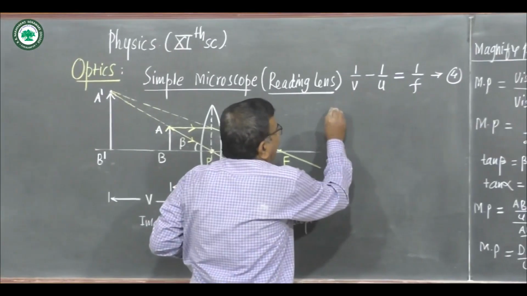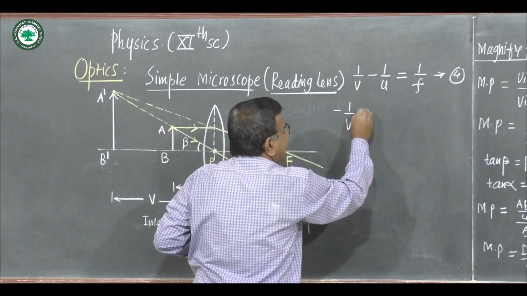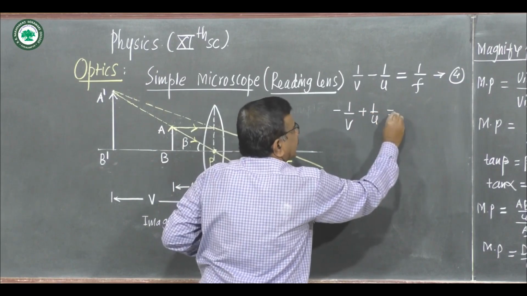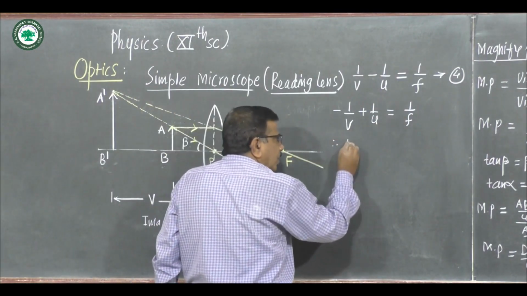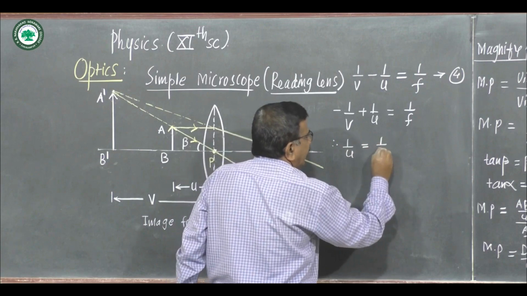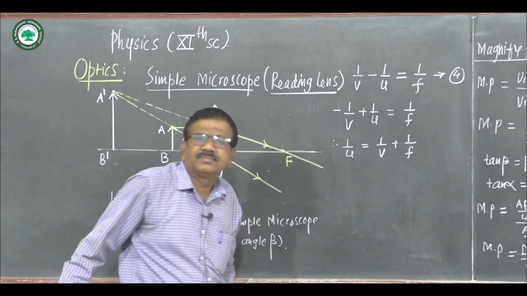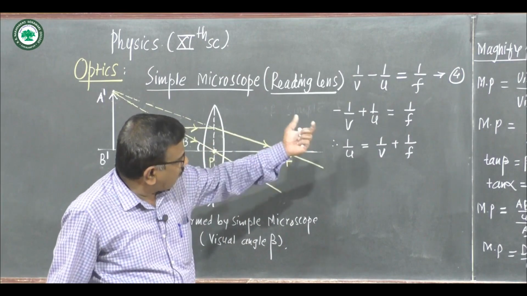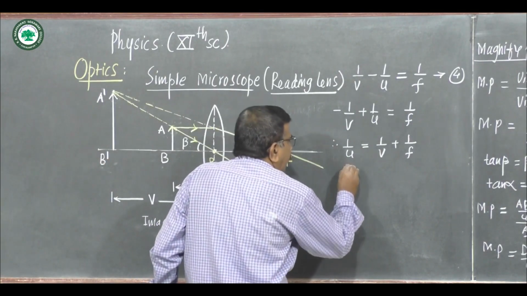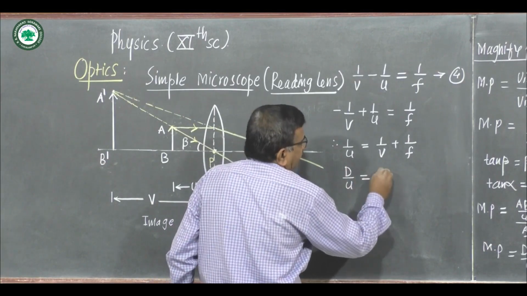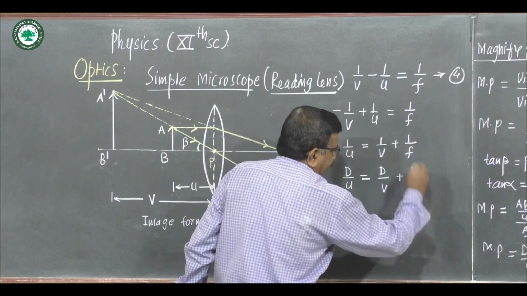As V is negative, minus 1 upon V, and U is negative, minus minus plus 1 upon U is equal to 1 upon F. Therefore 1 upon U is 1 upon V plus 1 upon F. Multiplying both sides of this equation by capital D, we get D upon U is equal to D upon V plus D upon F.